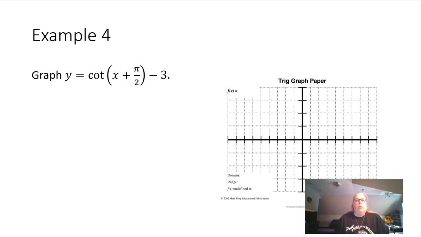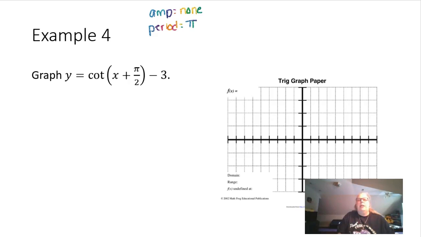Example 4, graph y is equal to the cotangent of x plus pi over 2 minus 3. The amplitude, there's not going to be one. This is a cotangent curve. The period, remember the normal period for tangent and cotangent is pi.